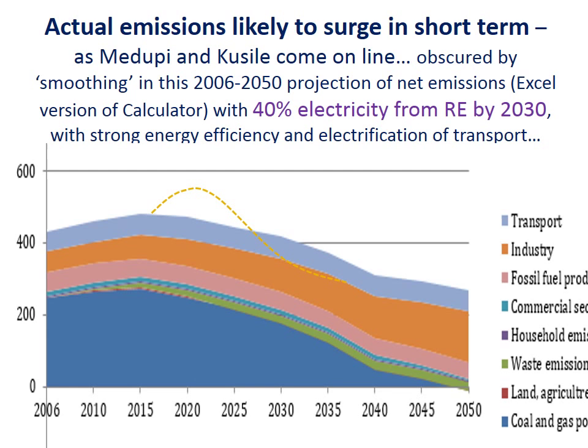Unlike the fairly smooth projections generated by the calculator model, starting from 2006, actual emissions can be expected to surge in the short term as Medupi and then Kusile come online, two coal-fired power stations each emitting about 30 megatons per annum when running at full capacity.